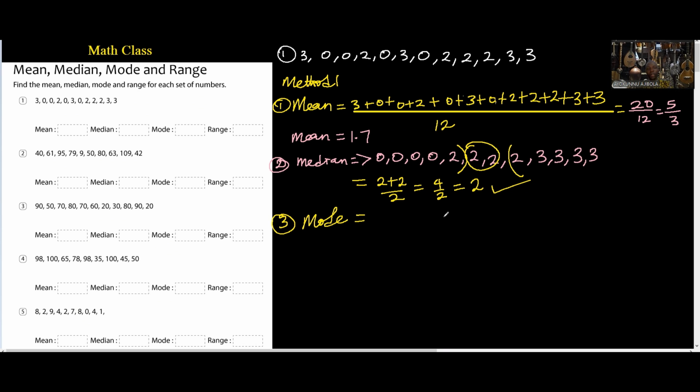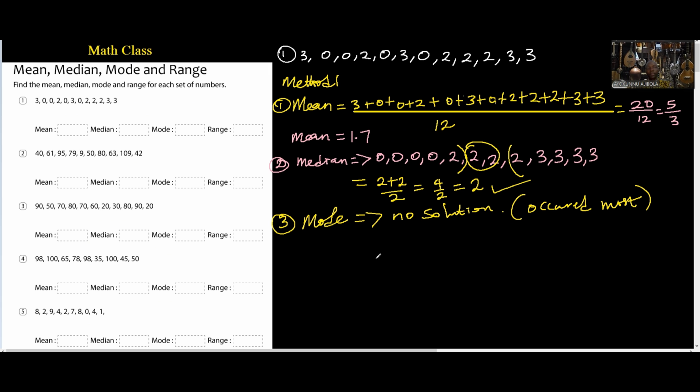So we say it's trimodal data, but the main thing is that none of them will be represented. So no solution for the mode. No one occurred more than the others, because the zeros are 4, the twos are 4, and the threes are 4.